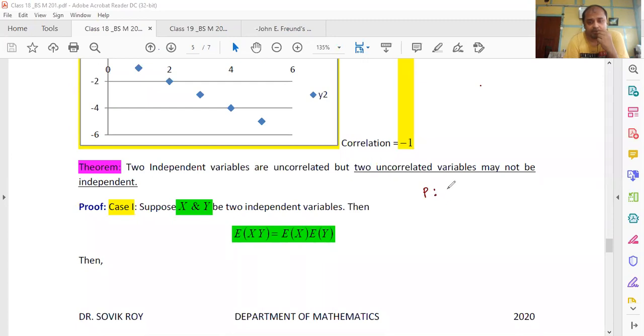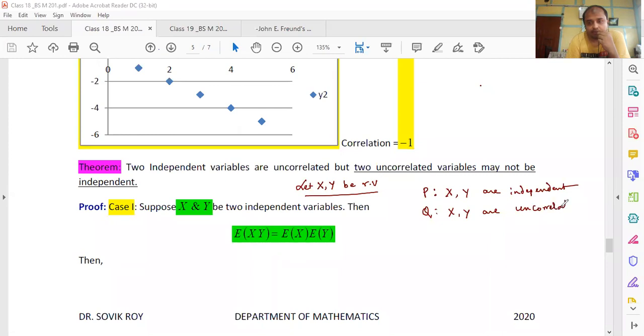Let X and Y be two random variables, capital X and capital Y, and the statement P says that capital X and capital Y are independent. And statement Q is saying that capital X and capital Y are uncorrelated.